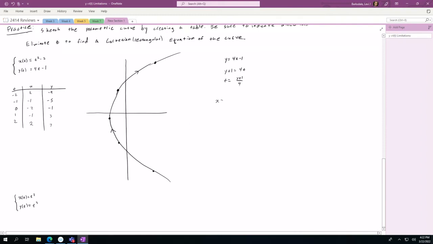Which means that because x is equal to t squared minus 2, x is then equal to ((y plus 1) over 4) squared minus 2. So x is equal to (y plus 1) squared over 16 minus 2. So x is then equal to y squared over 16 plus y over 8 plus 1/16 minus 2, which would give me minus 31 over 16.